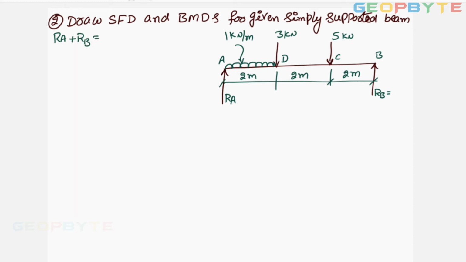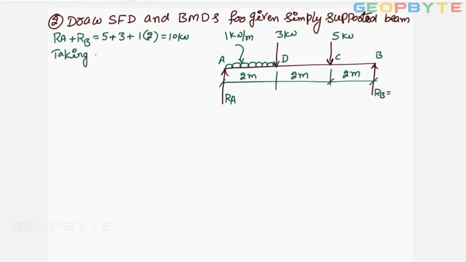RA plus RB equals the sum of the point loads: 5 plus 3, another point load, plus the point load from the UDL, which we get by multiplying UDL with UDL distance. 1 multiplied by 2, it is 2 only. 5 plus 3 plus 2 equal to 10 kilonewton. Now let us take the moments about A to find the RA and RB separately.